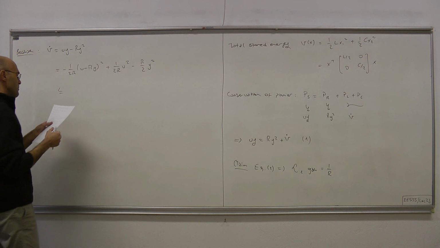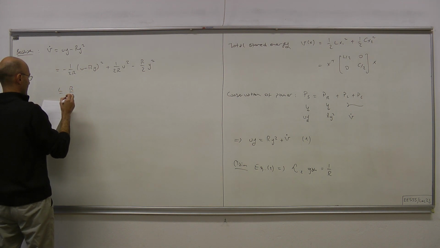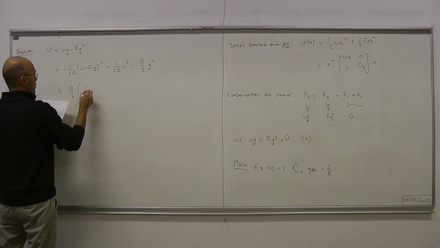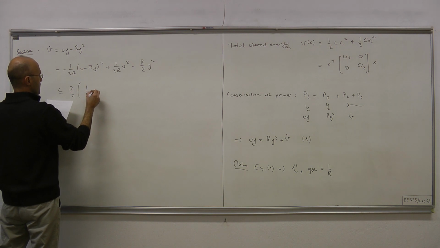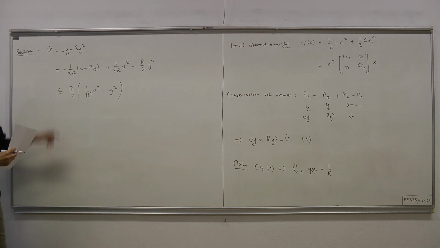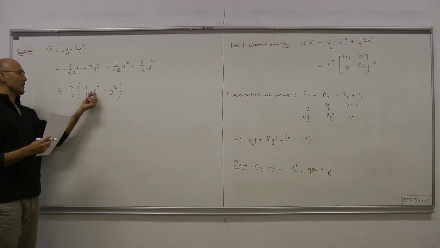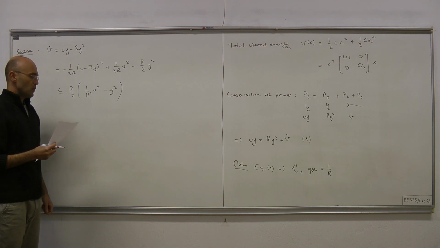And that difference can be written as R over 2 times (1 over R squared u squared minus y squared). Okay, so V dot, where V is a positive function, less than or equal to something times u squared minus y squared.